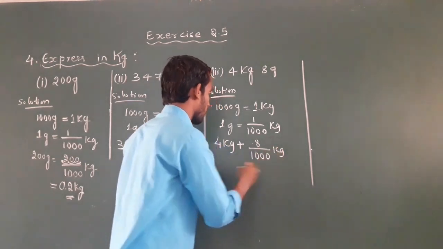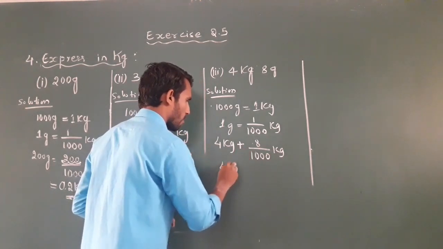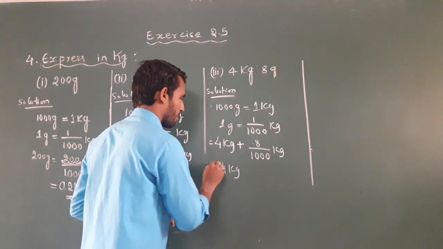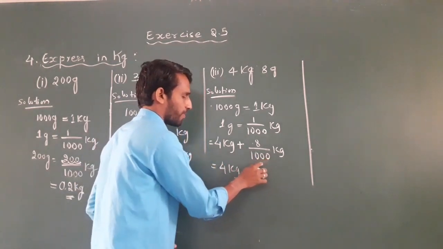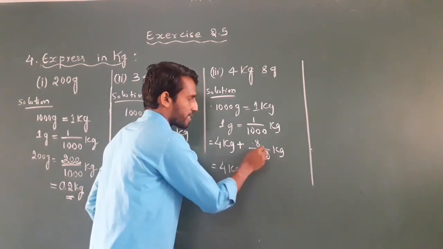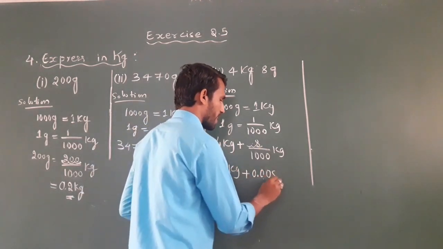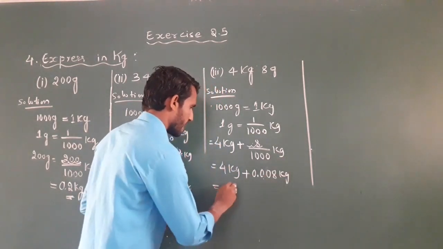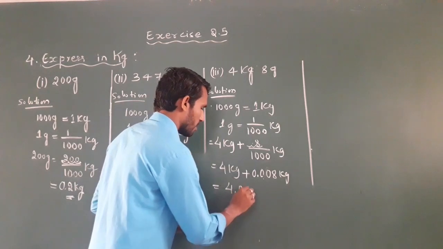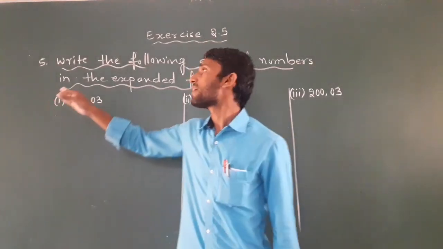We have to shift after 3 numbers, and we get 0.008 kg. When we add these two, we get 4.008 kg.